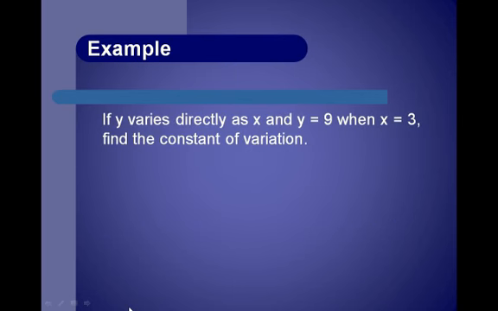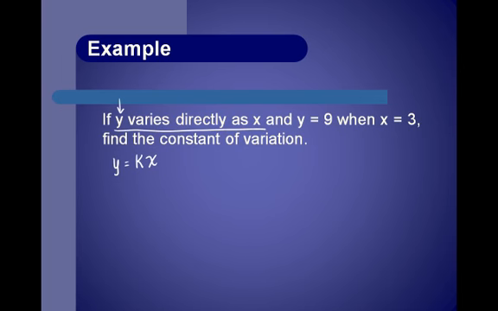For example, if y varies directly as x, and y equals 9 when x equals 3, find the constant of variation. Well, always go back and look for your sentence, y varies directly as x. Varies directly means it's k times.